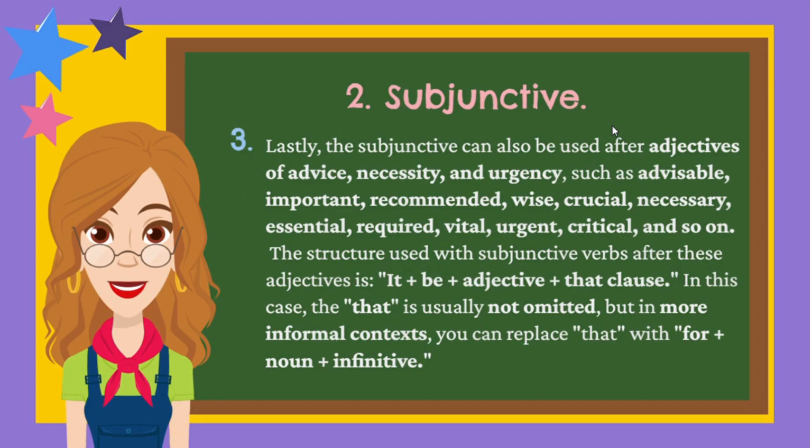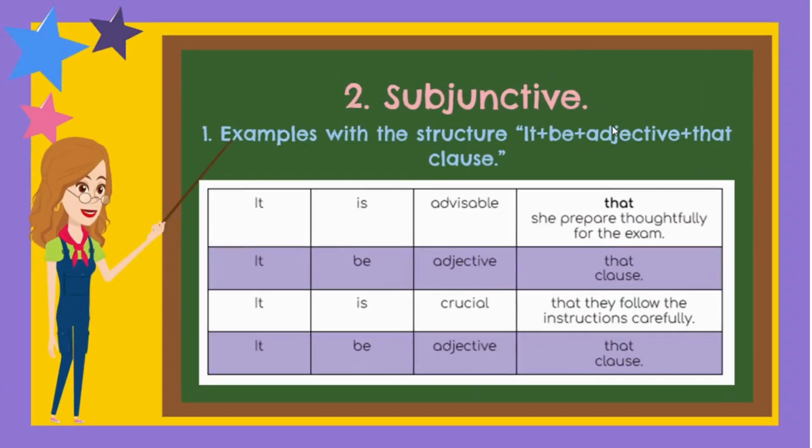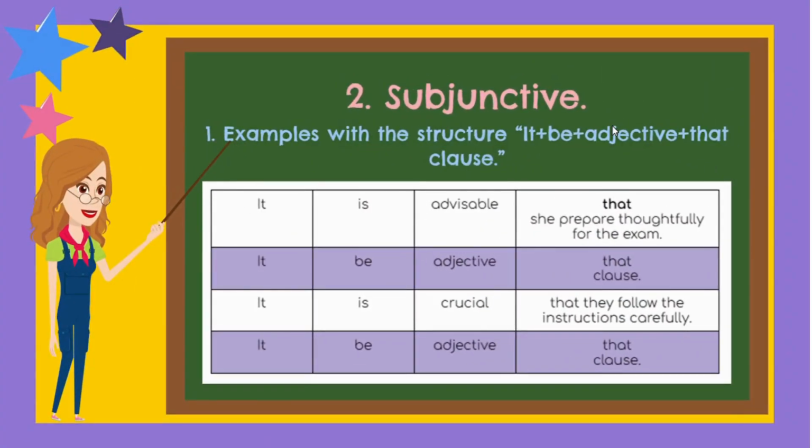The structure used with subjunctive verbs after these types of adjectives is it plus be plus adjective plus the clause. In this case, the that is usually not omitted, but in more informal contexts, you can replace that with for plus noun plus infinitive.